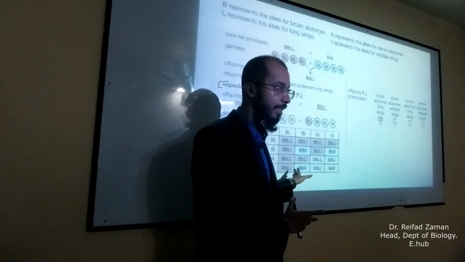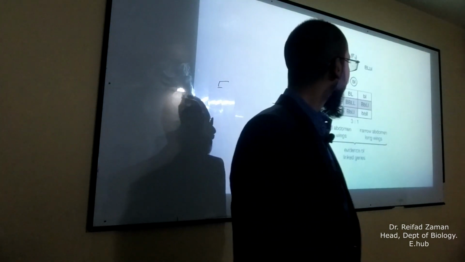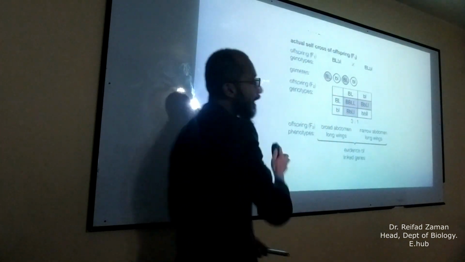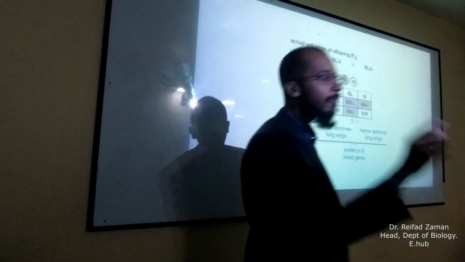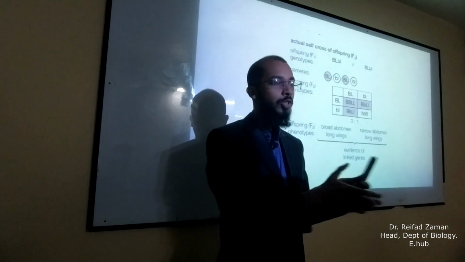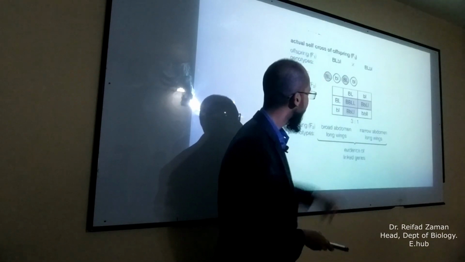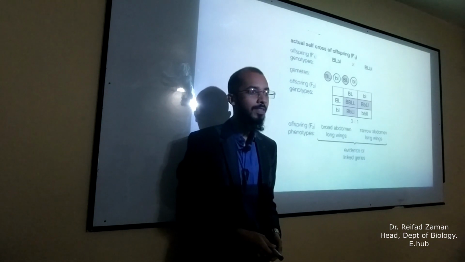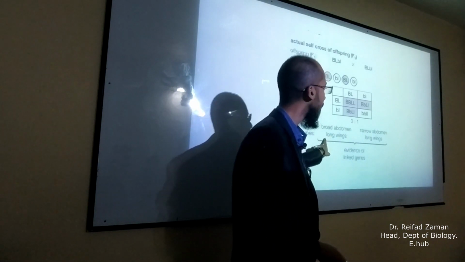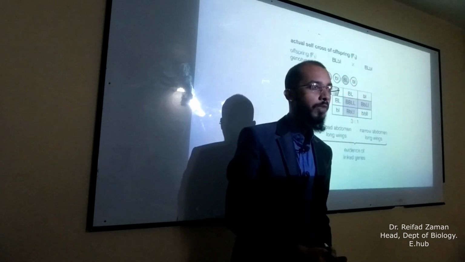But the problem is, this is AS, and your life is about to get more complicated. Because of that, theoretically, it should have been a ratio of 9:3:3:1. But in reality, if you actually did the experiment, you would end up with a 3:1 ratio, where 3 parts would reflect broad abdomen, long wing, and 1 part would represent narrow abdomen, long wing.